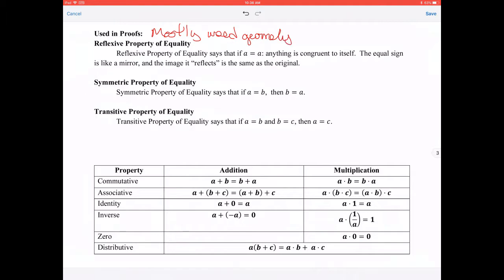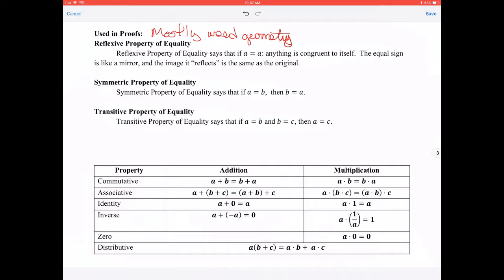I'm talking about them here because they are sometimes used in other things, and they are properties of mathematics, and they are covered in the properties of math, and I wanted to be thorough. But they are mostly used in geometry. All of you will end up taking 4370, so I wanted you to see these before you go to 4370 so that you would know what to expect.